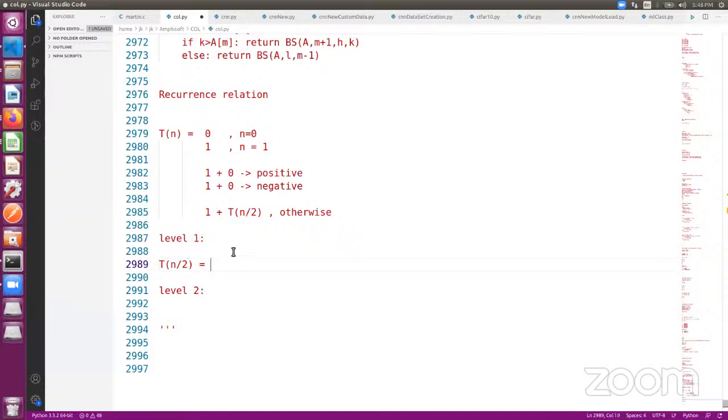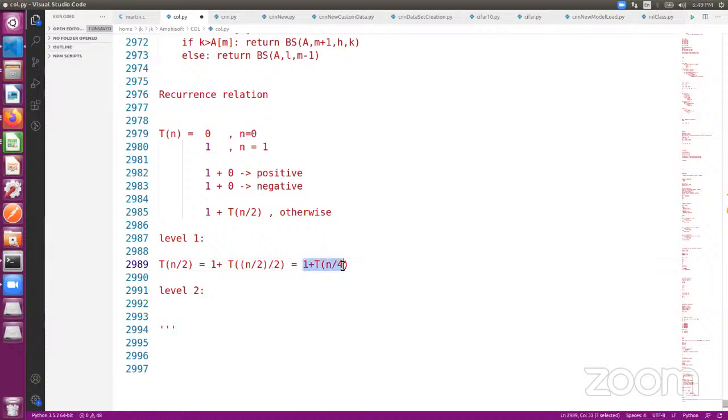If T of n is 1 plus T of n by 2, what is T of n by 2? It is 1 plus T of n by 2, another by 2, right? By 2 whole divided by 2, which is nothing but 1 plus T of n by 4. Understood?